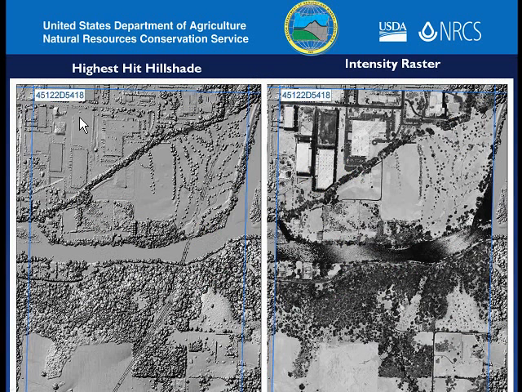They call this a shaded relief map. On the right, they also have an intensity raster. So in addition to XYZ values being recorded by the laser beam, you're also recording an intensity value that's often shown as a GeoTIFF product. And this intensity tells you different things about the surface that the laser hits.